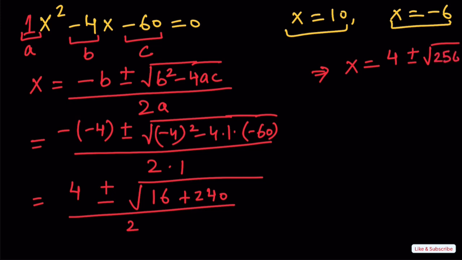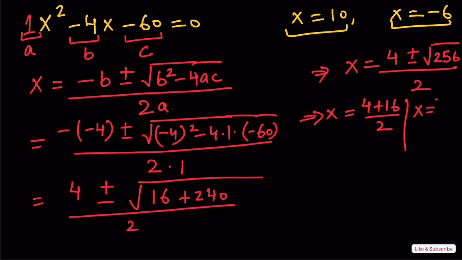That's 256. And in the denominator, I have 2. Now I can separate them. x equals 4. Now what is root of 256? The root of 256 is 16. So that is 4 plus 16 over 2, and the other one is 4 minus 16 over 2.